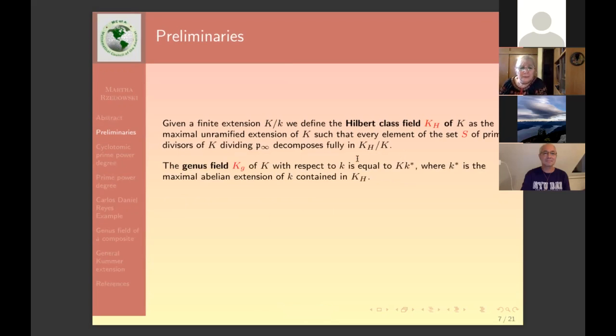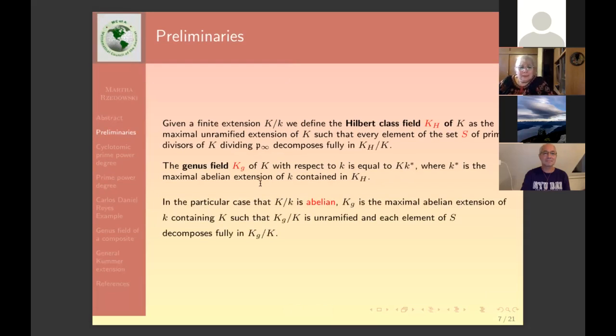And the genus field Kg of K, with respect to little k, the field below, is equal to the composite of the original K and K star, where K star is the maximal abelian extension of k contained in KH.